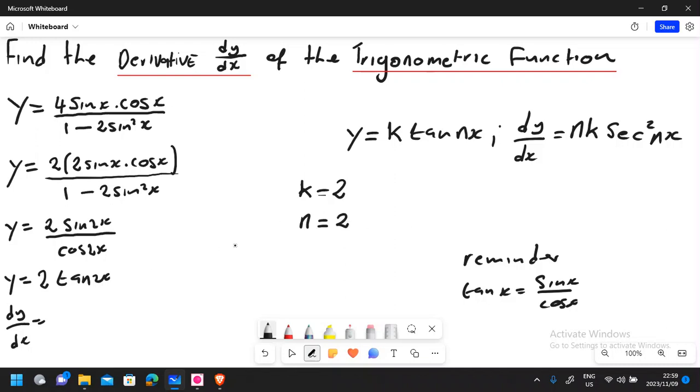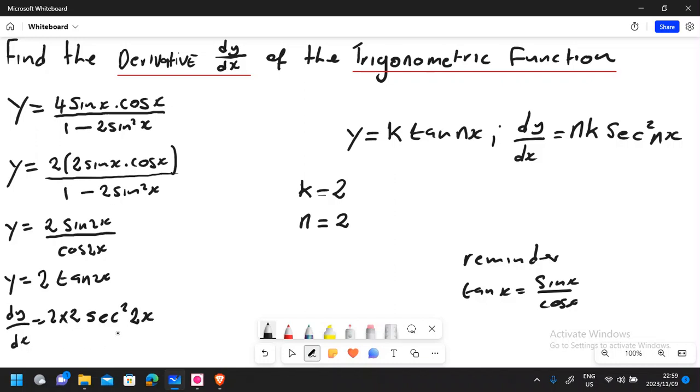So we just substitute these variables into the dy dx on our right. It's going to be 2 multiplied by 2, because this is k multiplied by n, and then we have sec squared, and then 2x.